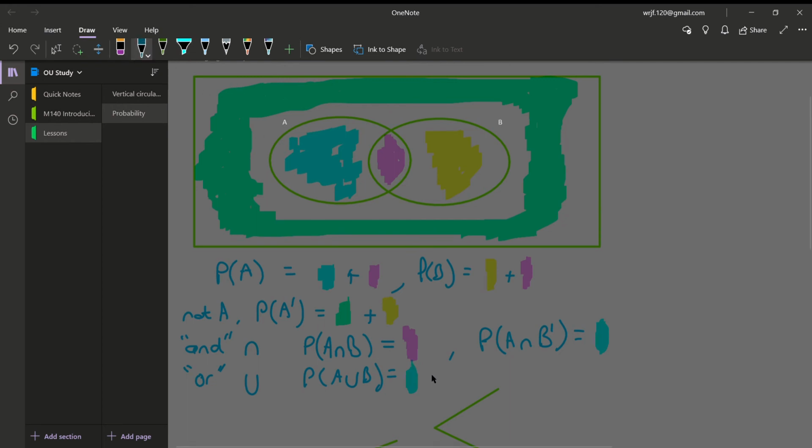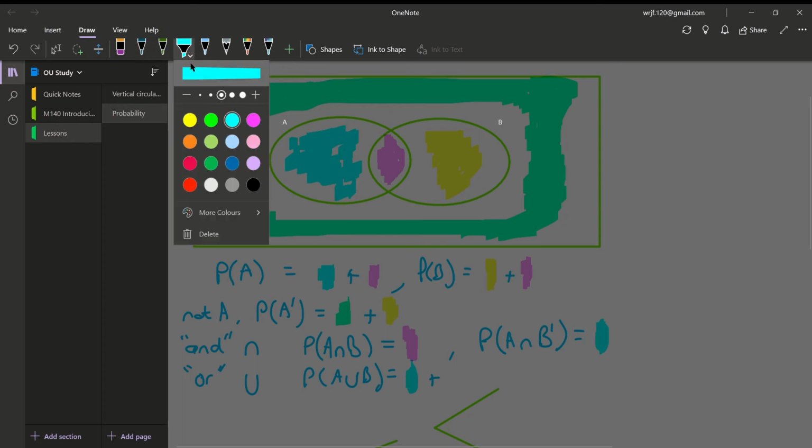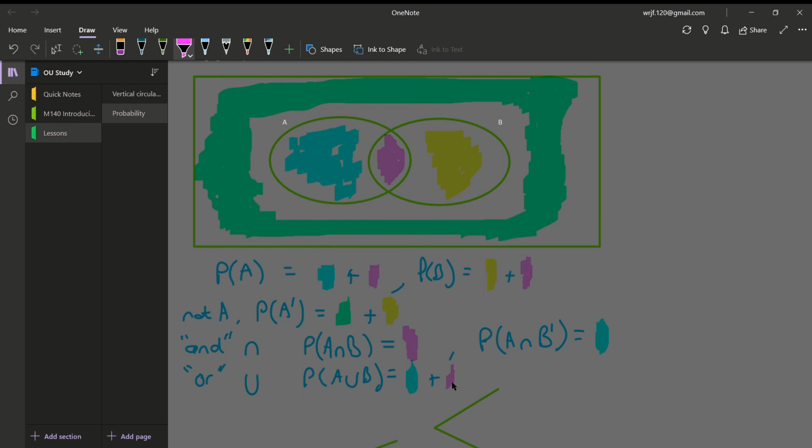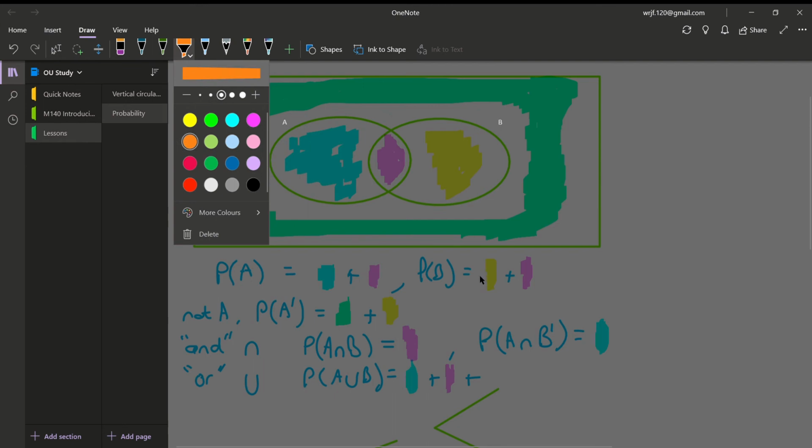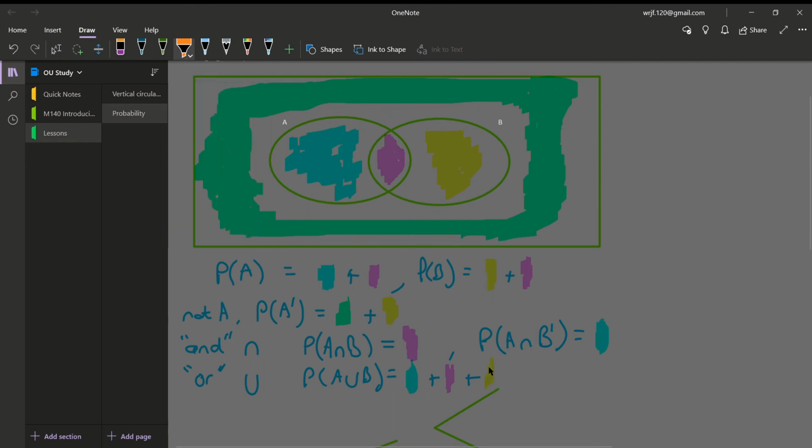It also includes the intersection bit, the part that's in purple on my Venn diagram, and finally it's also including the part that I've highlighted in orange. So all of the stuff that's inside both of the oval shapes.